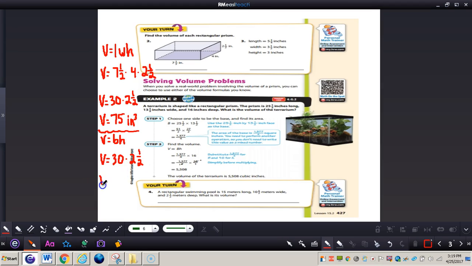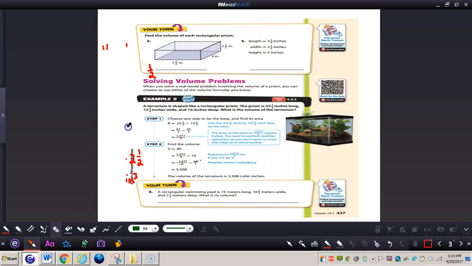You'd still multiply it. Volume equals 75 cubic inches. So same thing, they just gave you the area of that base, and the answer is the same. Okay, let's take a look at number 4, and let's do this together.